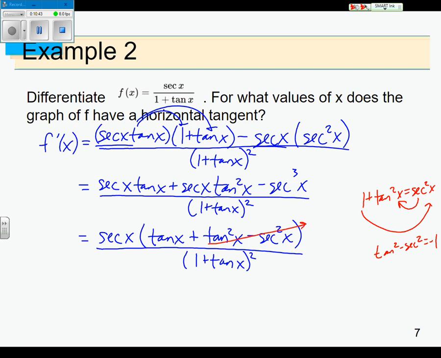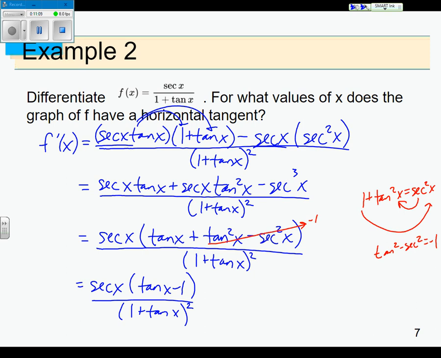Meaning that all of this would just equal negative 1. And you might be looking at it saying, well, I bet you that'll somehow cancel with that bottom. It doesn't. We're actually done right there. That would be as far as this one would simplify.